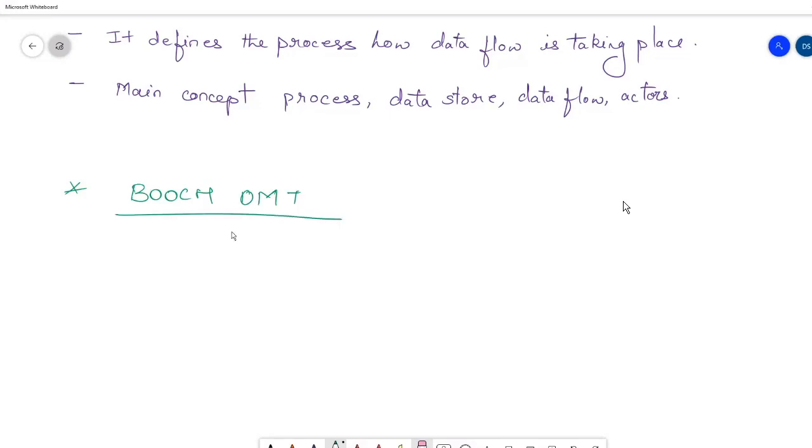So in this modeling technique, the main focus was on analysis.